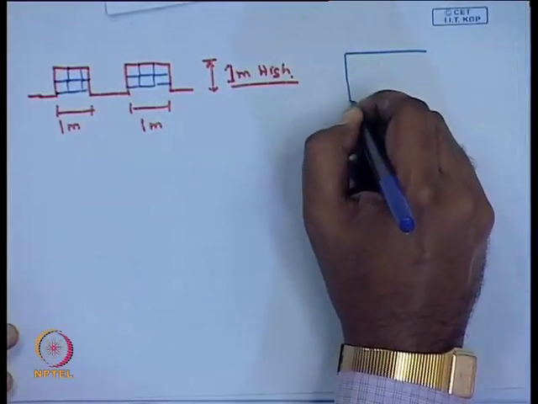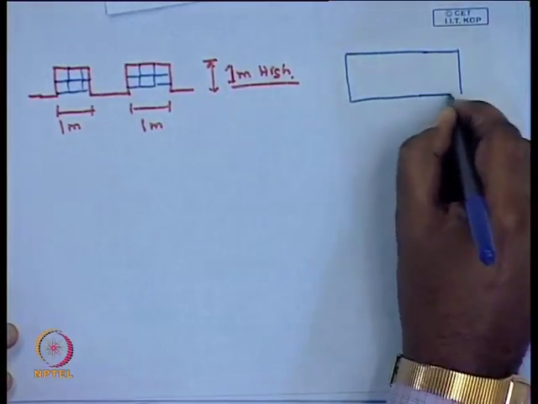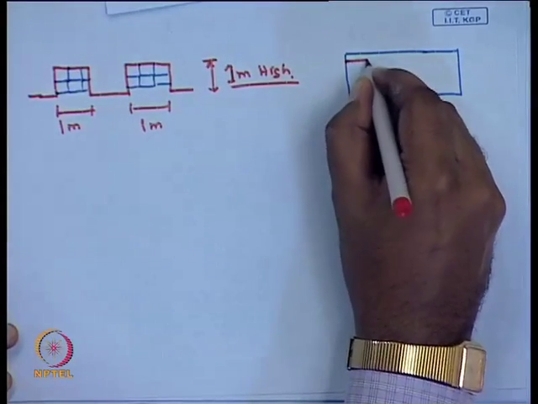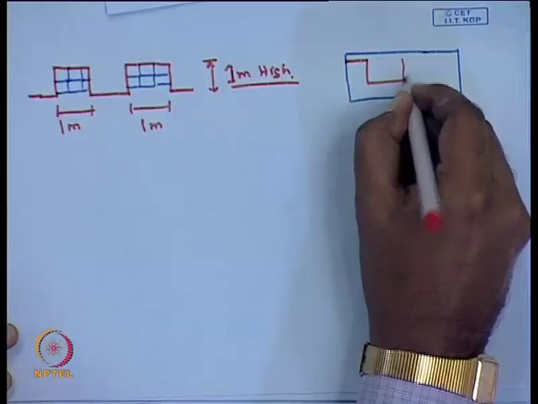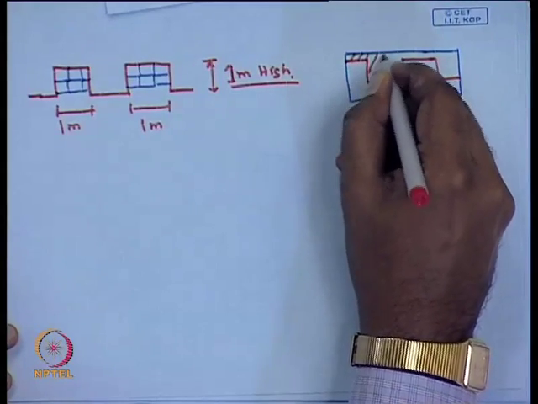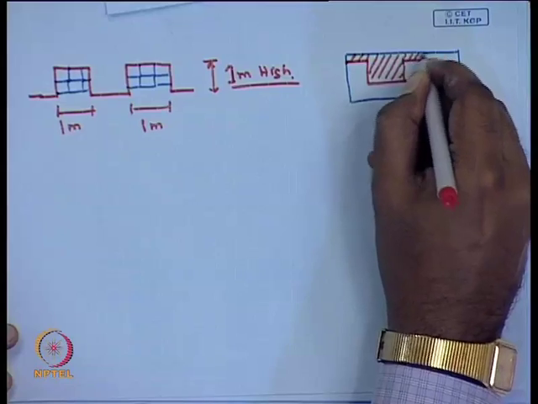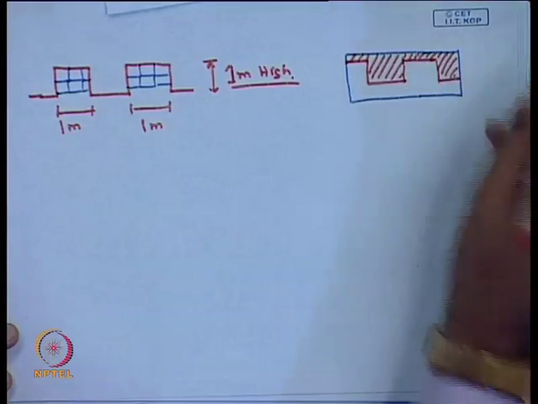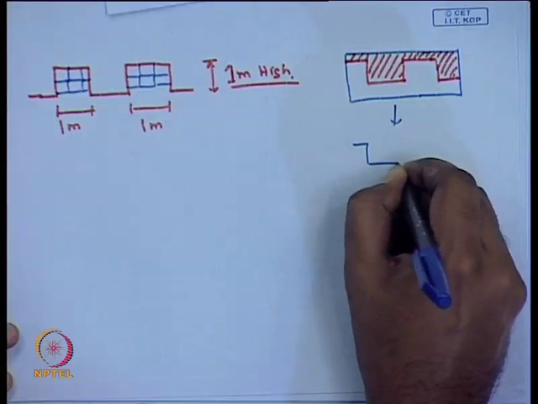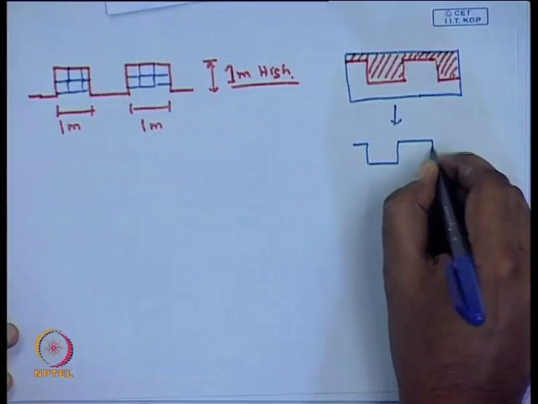or you can take a job blank like this and, using some conventional cutting technique in your workshop, chip out this material. You throw it away, so you are left with this.